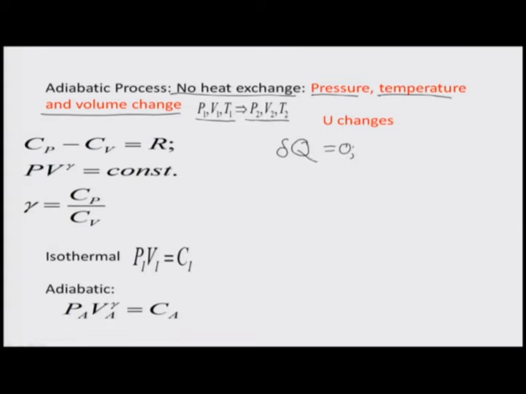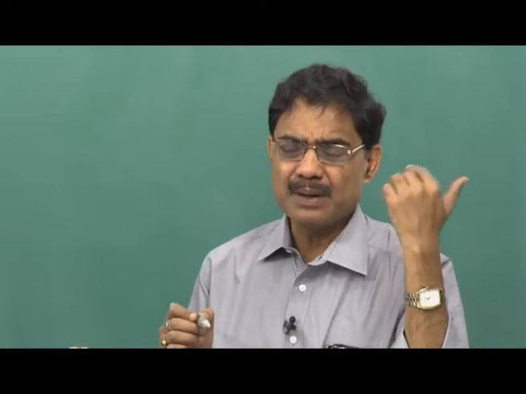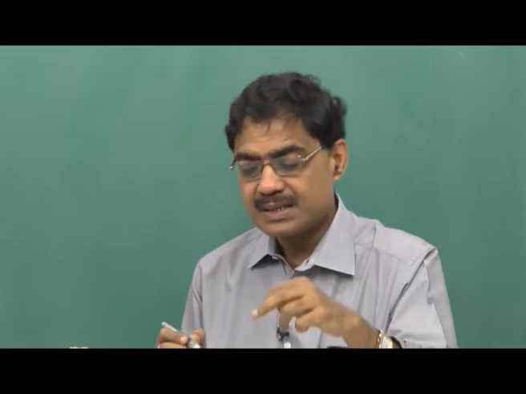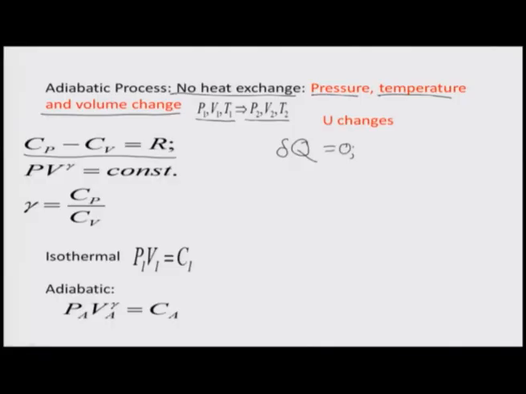Okay? In deriving the work done in an adiabatic process, I proved Cp minus Cv is equal to R for ideal gas. Throughout this discussion, we are considering n moles of ideal gas, or n is equal to 1, you can set if you so wish. Cp minus Cv is equal to R, and the process is characterized by PV^gamma is equal to constant. It is not PV is equal to constant.